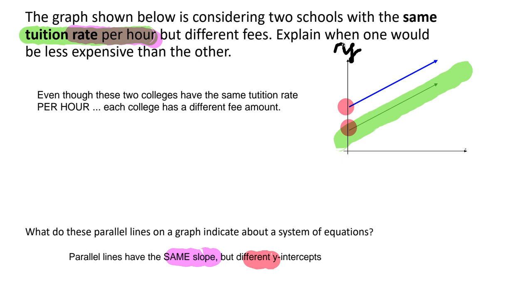Okay, and to finish, the green highlighted line has lower fees. That's what it's wanting you to say. Why is one less expensive than the other? The green highlighted line has lower fees. They have the same rate, but they have different fees. The fees are higher in the blue than they are in the highlighted green.